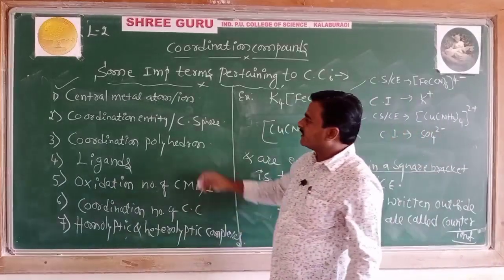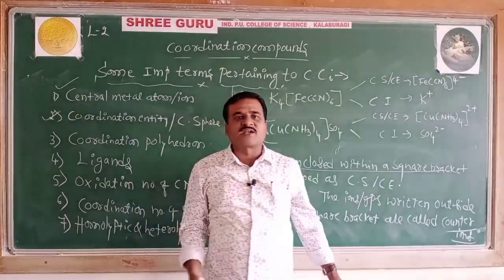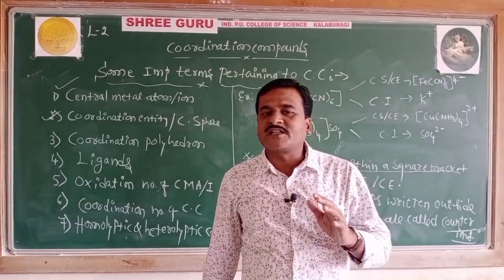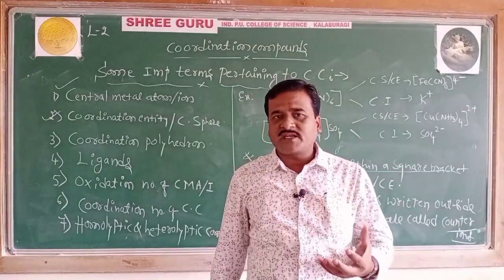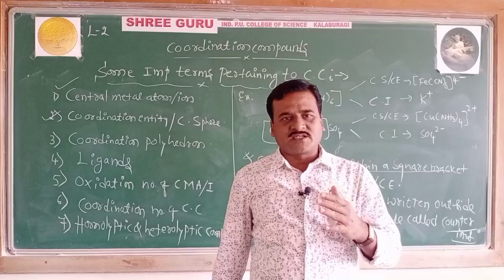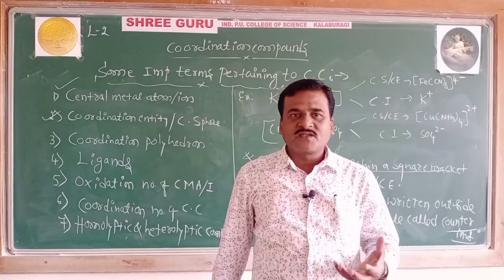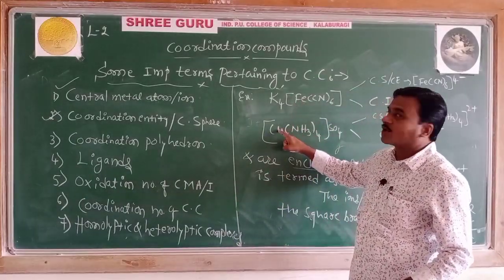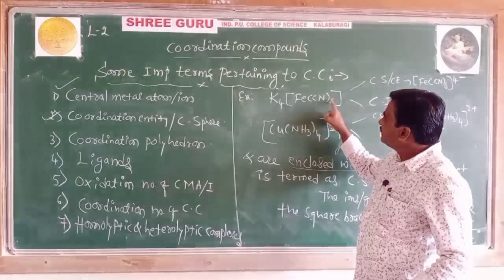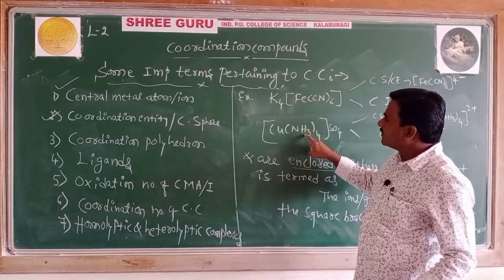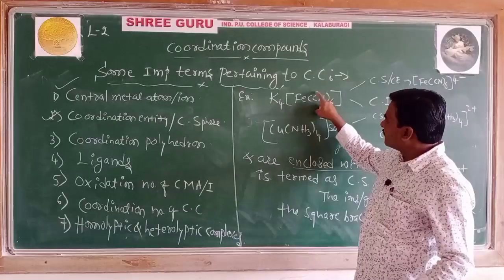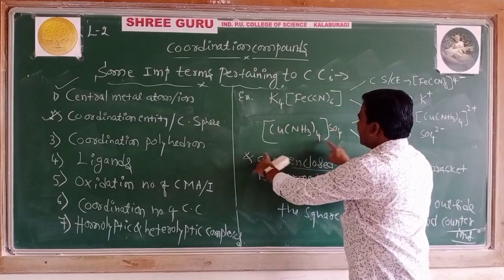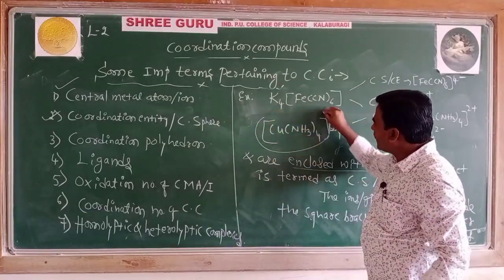So this is what regarding the second term pertaining to coordination compound, which is a coordination sphere or coordination entity. What does it mean? The coordination sphere or coordination entity consists of a central metal atom or ion surrounded by a fixed number of negative ions or neutral molecules, and is written within the square bracket.